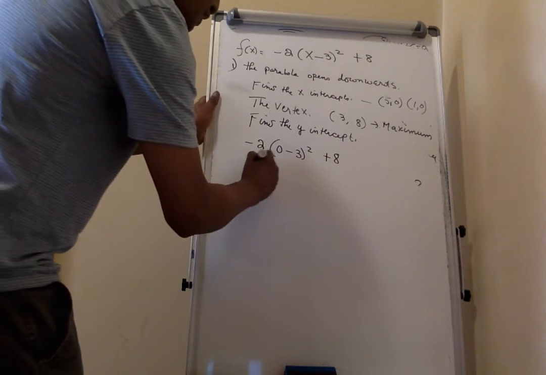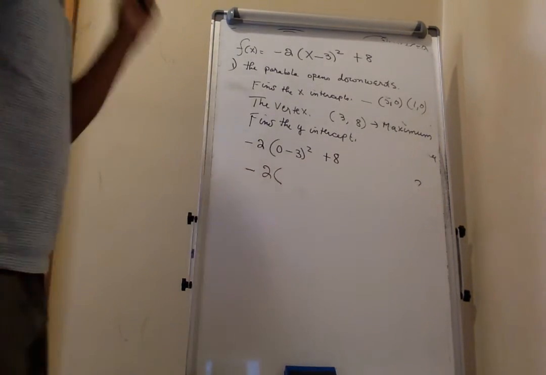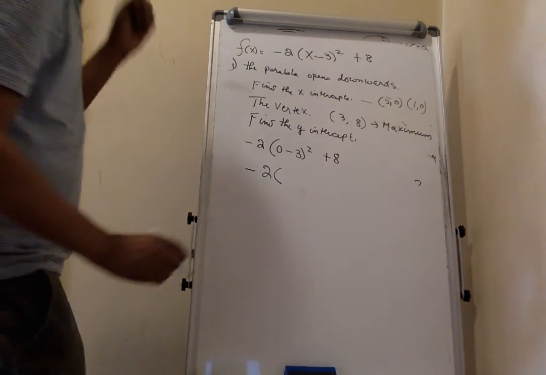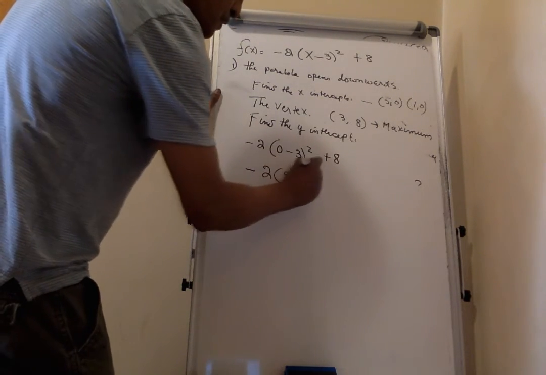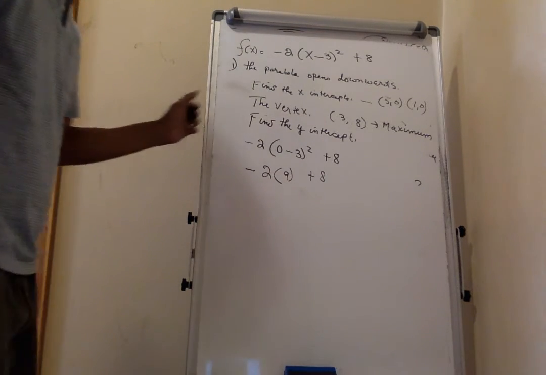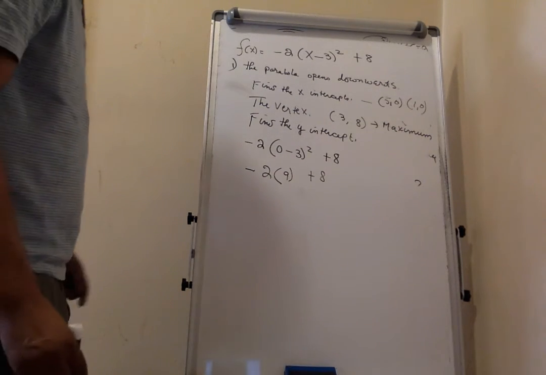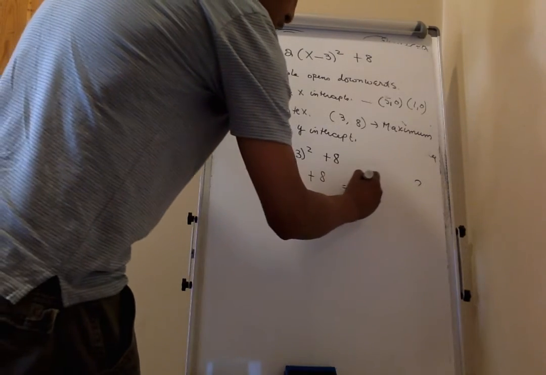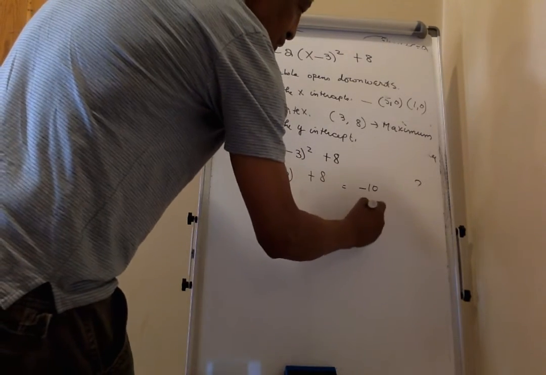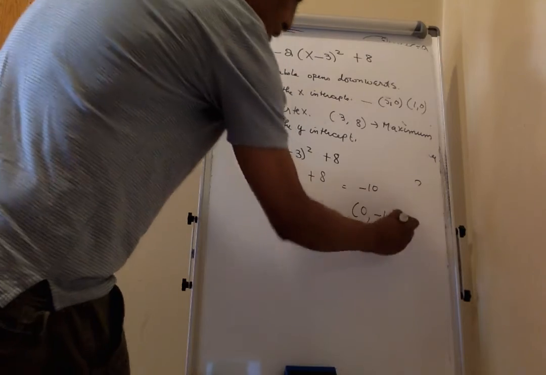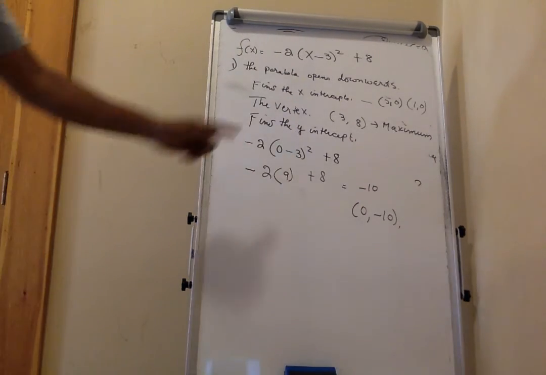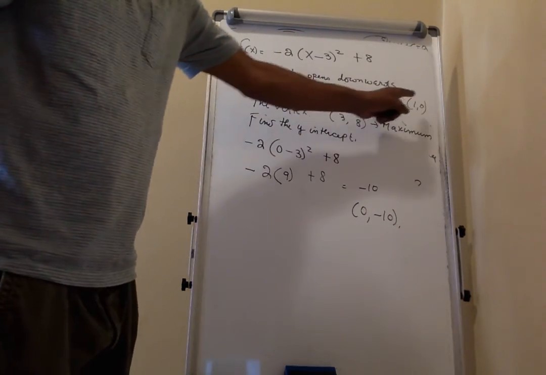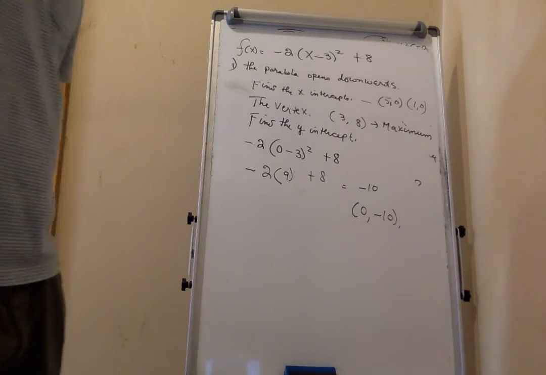So this is -2. 0 minus 3 is -3. -3 squared is 9, plus 8. And this will give us -18 plus 8, which is what? -10. So you have 0 and -10. Your vertex is 3, 8, and the intercepts are 5, 0, and 1, 0, and 0, -10.